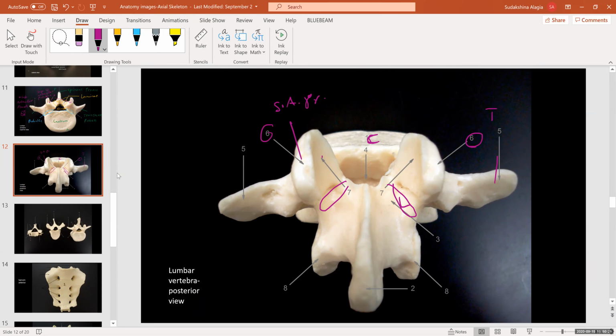Number 7, you can see the superior articular facets, vertebral foramen right there, number 4. Spinous process, number 2. Oh yeah, pedicle, laminae had a number 2, number 3.